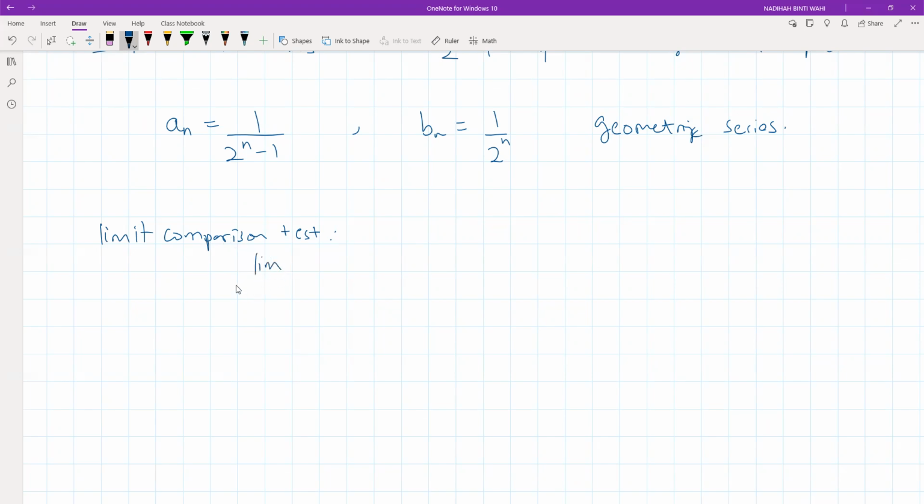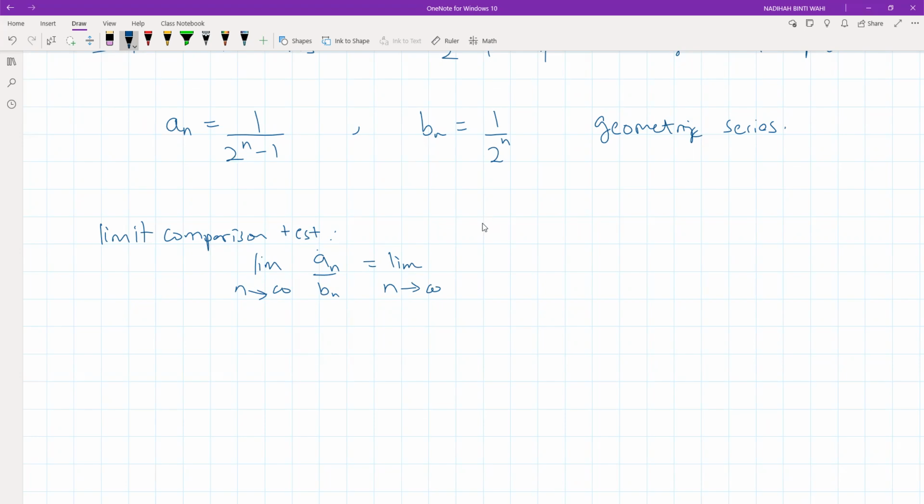Take the limit as n goes to infinity of an over bn.